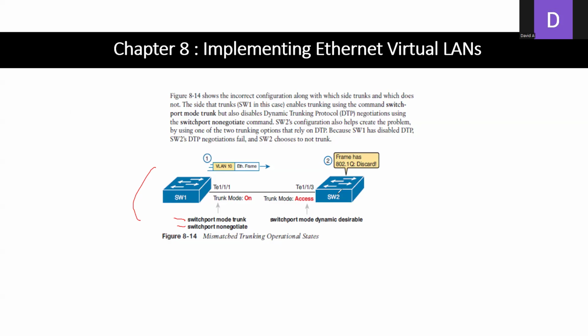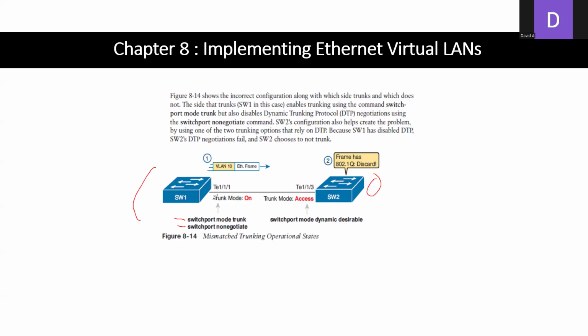So if it's going to receive DTP messages from switch 2, what's going to happen is switch 2 is not going to become a trunk with switch 1, okay? Because I said, hey, don't send me any DTP messages because I won't accept them.